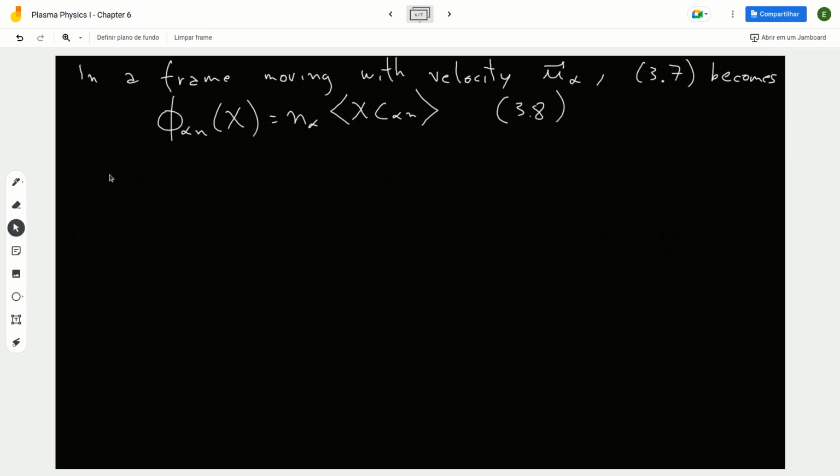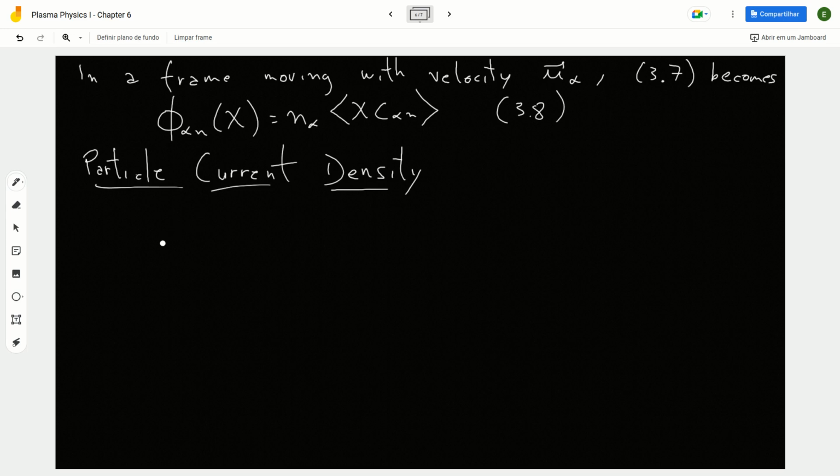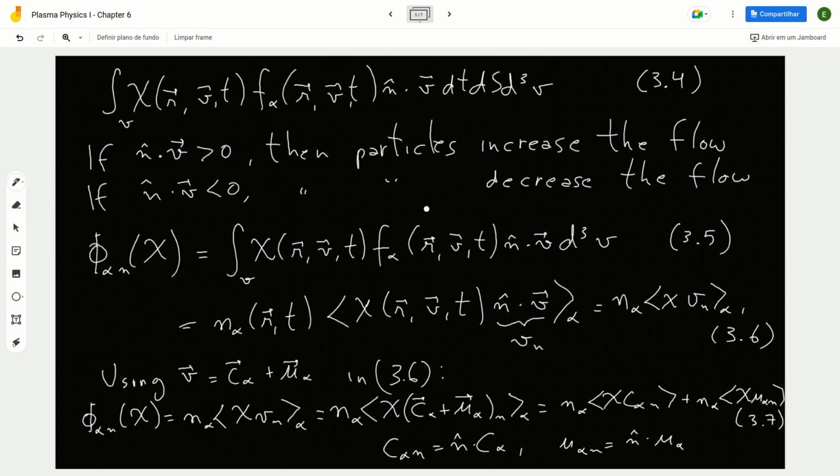Well, there's another quantity worth mentioning, which is the particle current density, sometimes called particle flux. It is the number of particles passing through a surface per unit area and per unit time. You can define it just by using chi equal to 1 in 3.6.